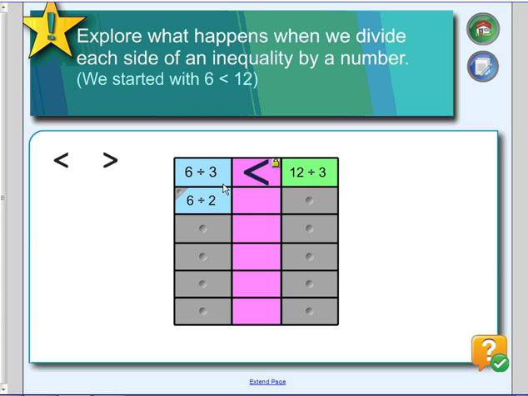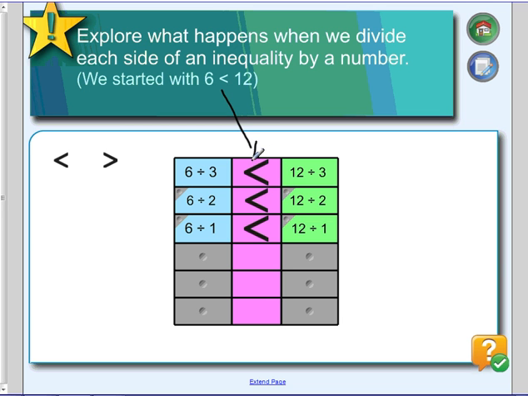Now, if we go down, 6 divided by 2 is 3, and 12 divided by 2 is 6. We still have this side larger. 6 divided by 1 is 6, and 12 divided by 1 is 12. Still going down, our signs, if you have not noticed, if we start with 6 is less than 12, our sign has still been consistent.